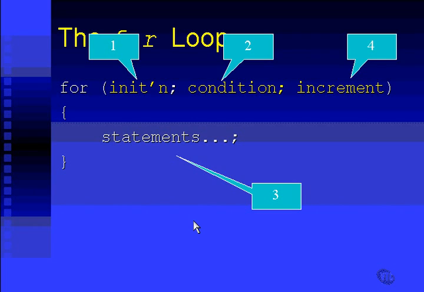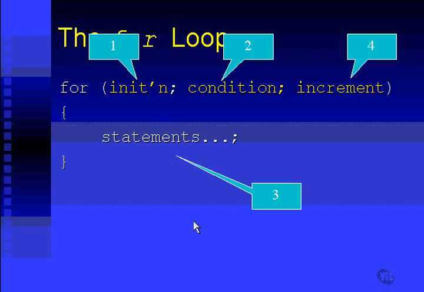And at that point, it goes back to number 2 and starts again. So it goes 1, 2, 3, 4, 2, 3, 4, 2, 3, 4, 2, and it'll always stop on the 2. That would end at some point in the future. That is how the for loop works.